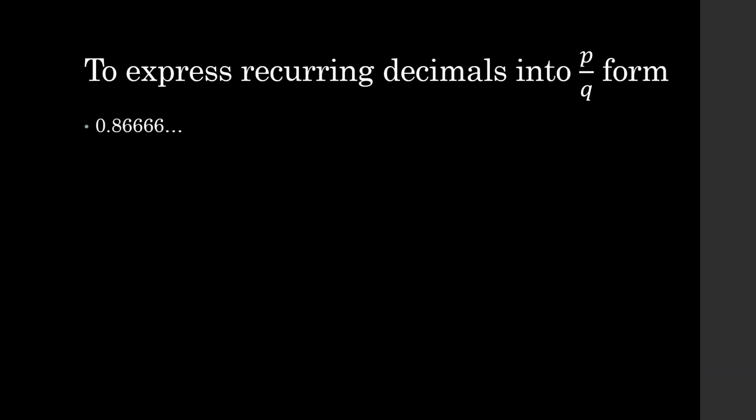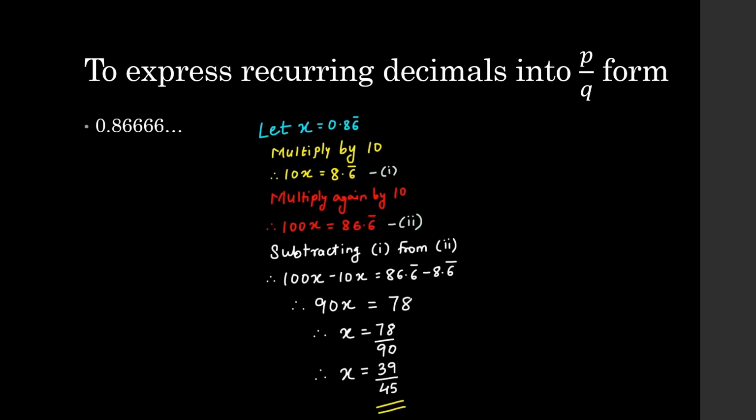Next sum, 0.8666. Now this sum is different from the others because in the previous sums the digits which were repeating were right after the decimal. Here after the decimal only one digit is repeating, that is 666. Before that there is a digit 8 which is not repeating. So to solve this we have one extra step. The first step remains the same: let the number be x, and here we will put a bar on only the 6 because only 6 is recurring.